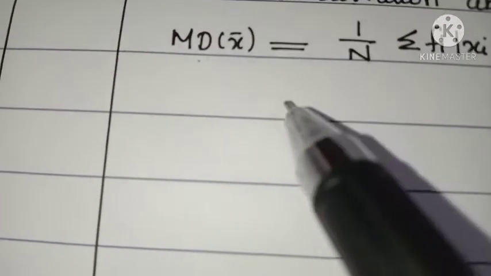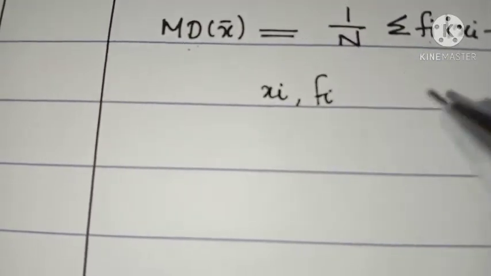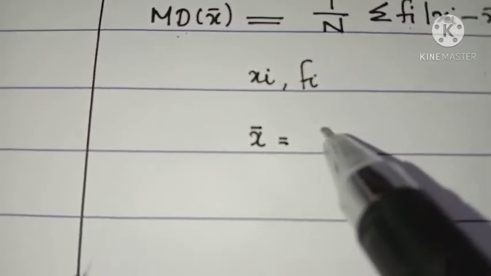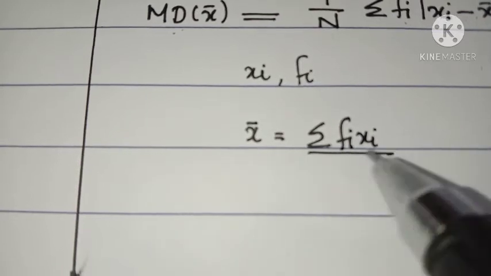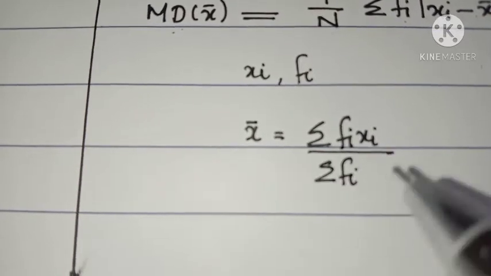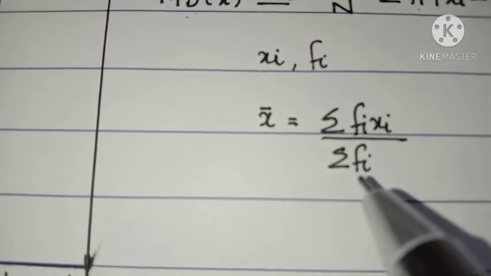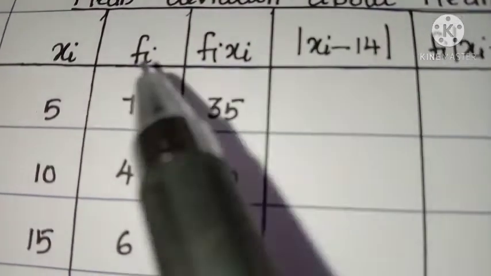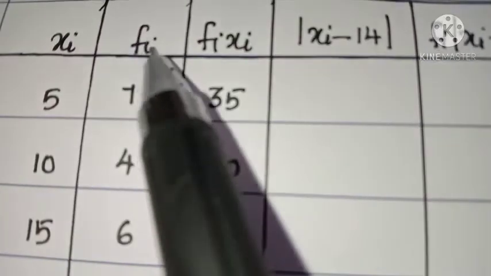Listen, when values xi and frequencies are given, then x bar is obtained by using the result sigma fi xi divided by sigma fi. So our next column is the fi xi column. So find the product of these two, xi and fi.